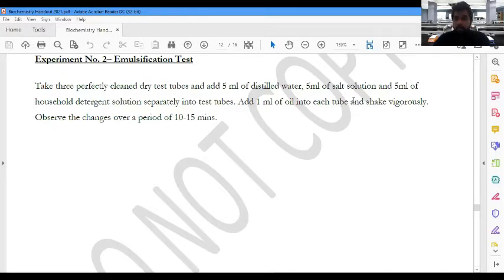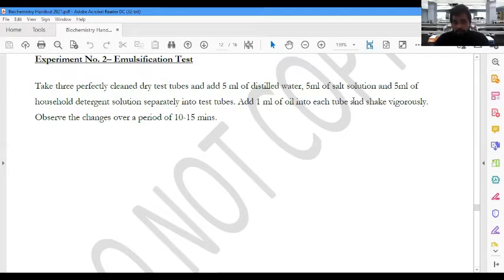If you refresh your knowledge on food digestion, bile salts can form oil droplets, and it helps to digest that with lipases. I think you have learned that term in your chemistry. That is a similar process. Even if we use sodium chloride, like salt, it can form some kind of emulsion, but it's not very prominent.